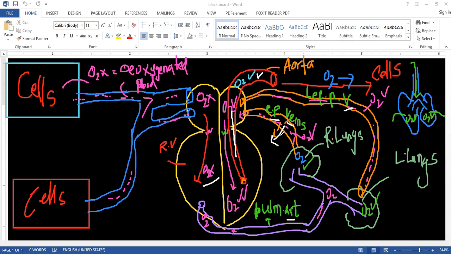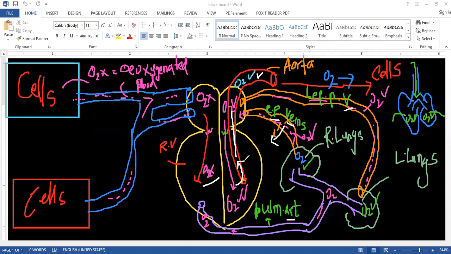Blood with no oxygen is deoxygenated blood. Blood with oxygen present is oxygenated blood. This oxygenated blood moves from the lungs through the pulmonary veins and opens into the left atrium. Then it goes through the bicuspid valve.